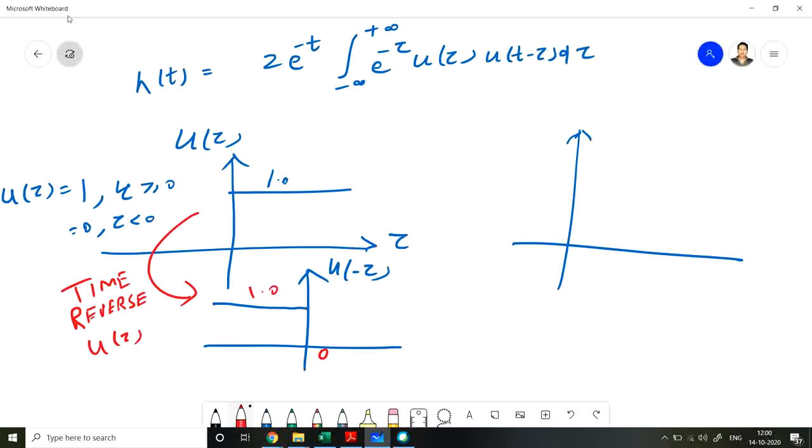So basically it is the time reversal of u(tau). Now u(t minus tau), if t is greater than 0, that is a positive shift we are taking. So the u(t minus tau) graph should look like this, for t greater than 0.